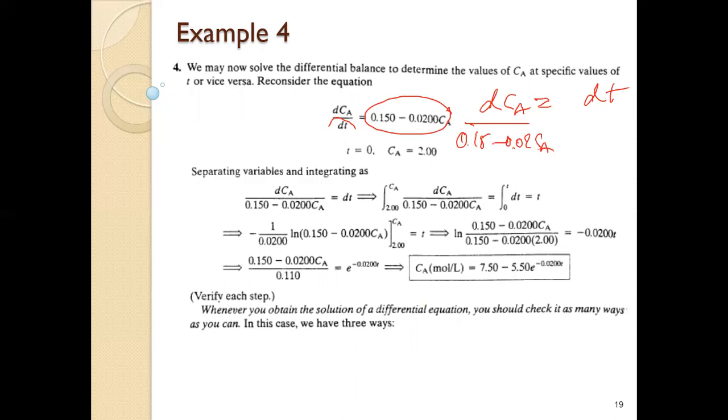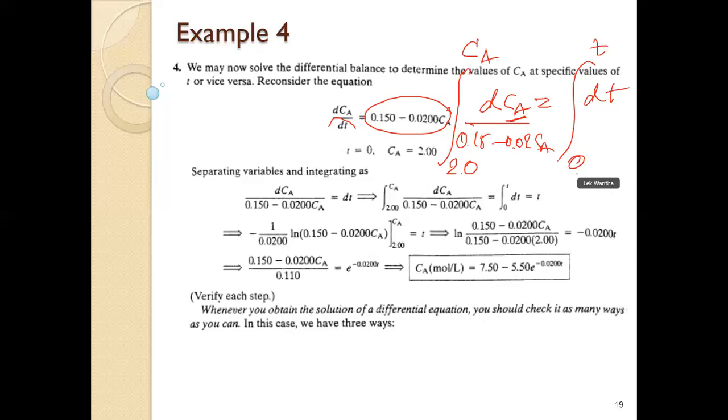For this case, you can solve by integrating both sides. At time 0, the initial volume is, sorry, the initial CA is 2.